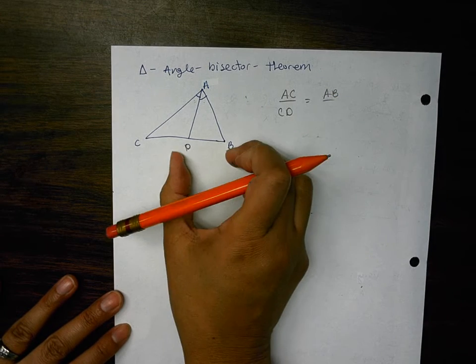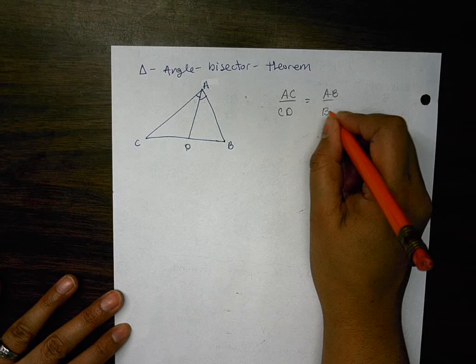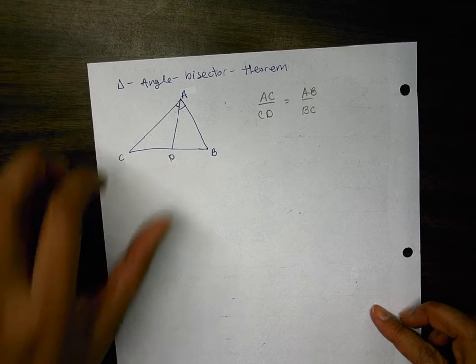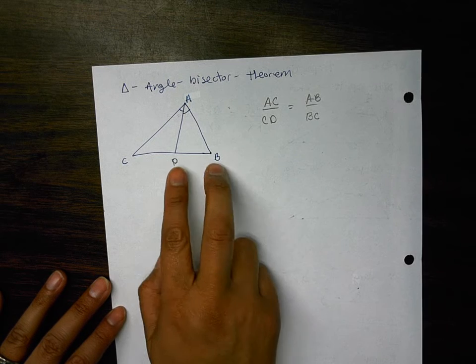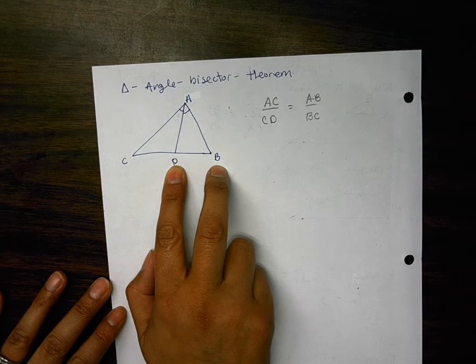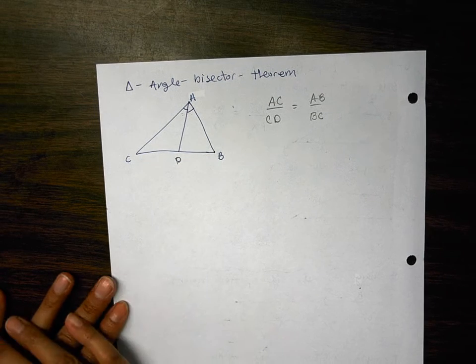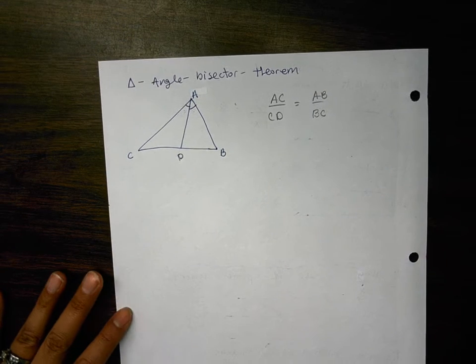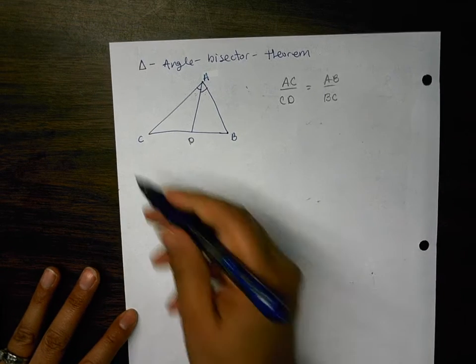Over what? BD. You see how that worked? AC over CD equals AB over BD. And the same as the last one, you could do top, top, bottom, bottom if you wanted to. Okay, example.